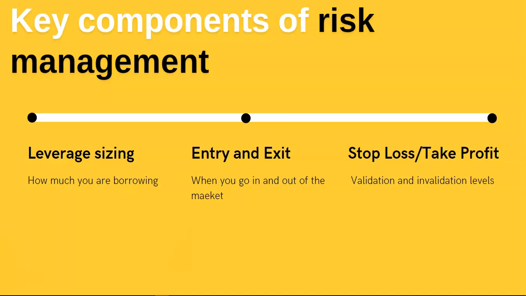Taking 5 times leverage means that if the market goes against you by 20%, you get liquidated. Taking 50 times leverage means when the market goes against you by 2%, you get liquidated. Taking 100 times leverage means that when the market goes against you by just 1%, you are out.